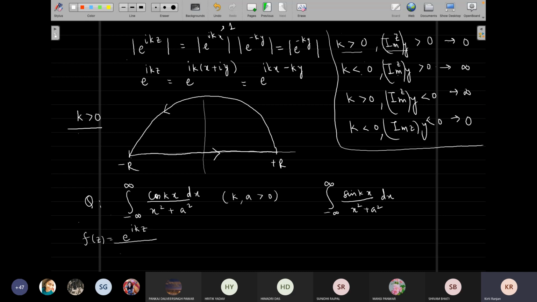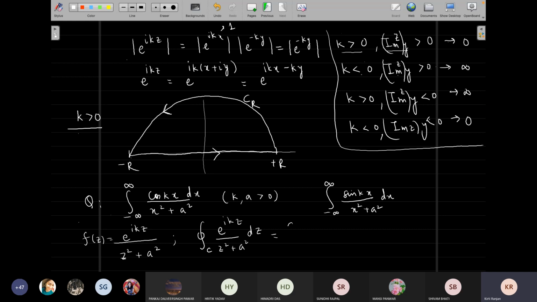And then z square plus a square. And then writing c, e^{ikz} over z square plus a square dz, where c is a positive oriented contour which is chosen in this manner the way we have decided. And so let me just write CR here.